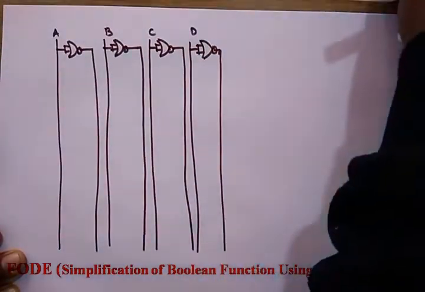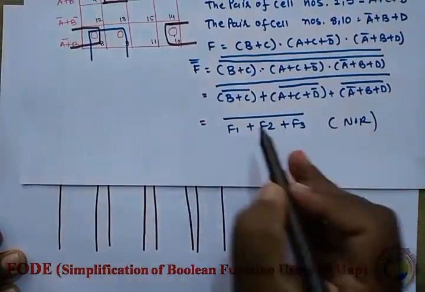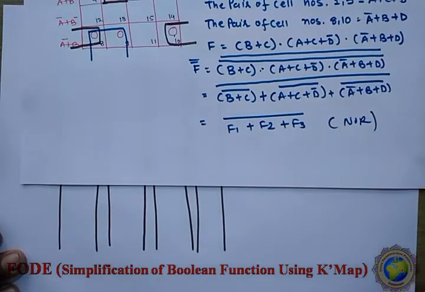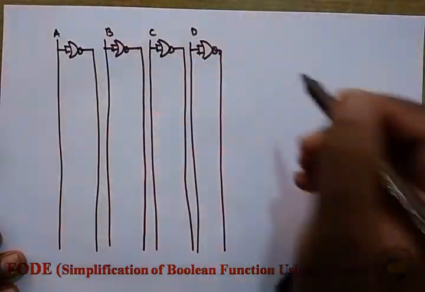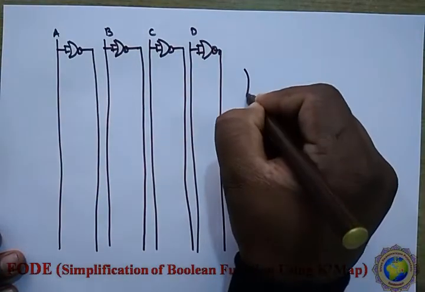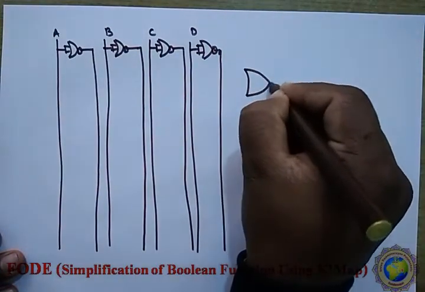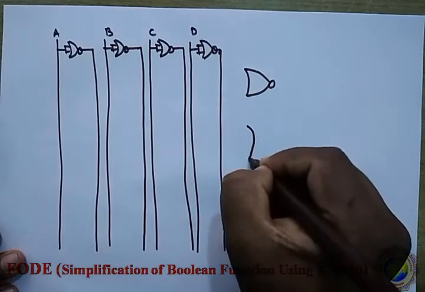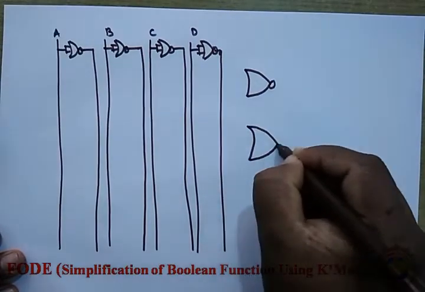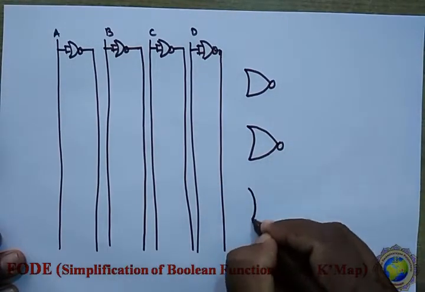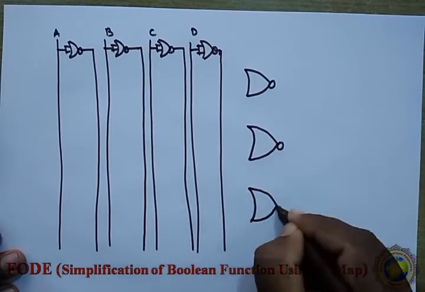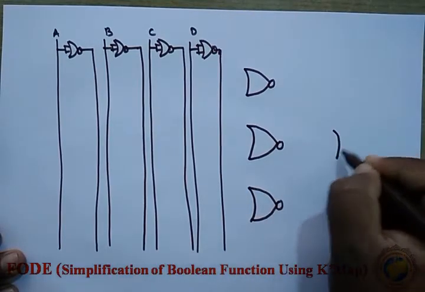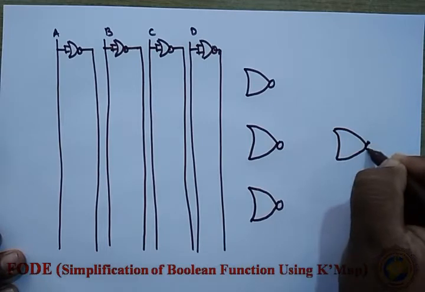Now in our function, how many terms? 1, 2 and 3. So 3 NOR gates are required and 1 output NOR gate. So draw the 3 NOR gates: 1, 2, 3, and 1 is the output NOR gate.